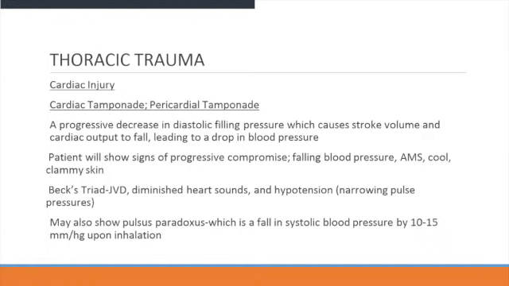You may also know Beck's triad, which is diminished heart sounds, hypotension and narrowing pulse pressures. May also show pulsus paradoxus, which is a fall in blood pressure by 5 to 10 millimeters upon inhalation.